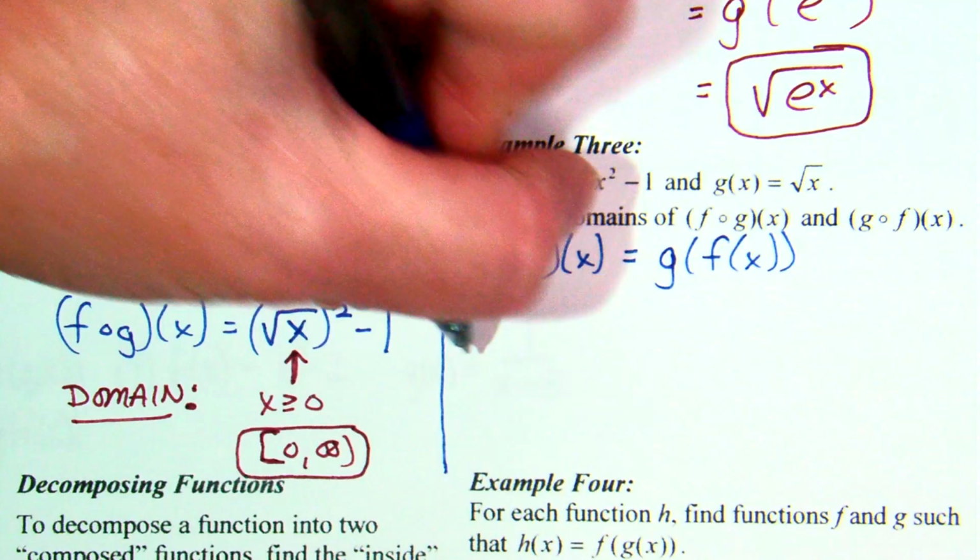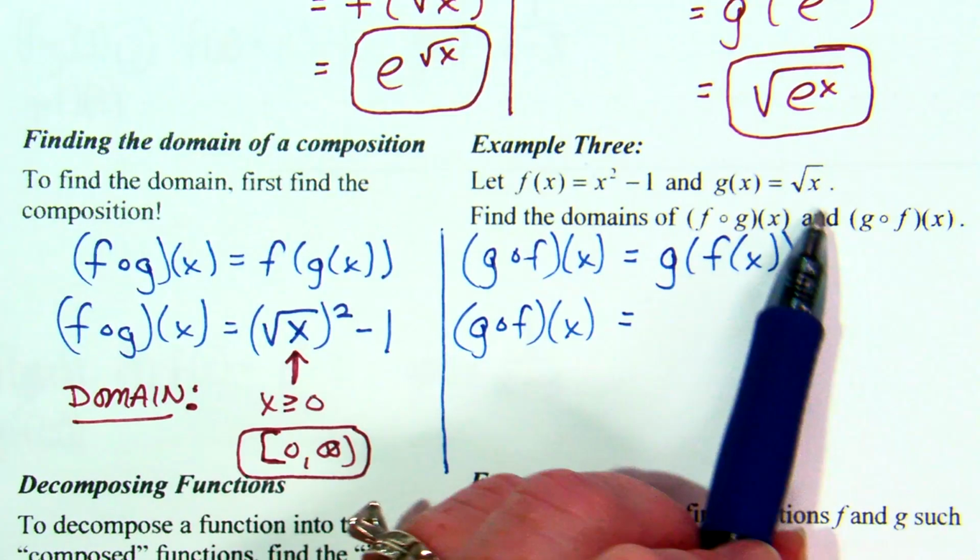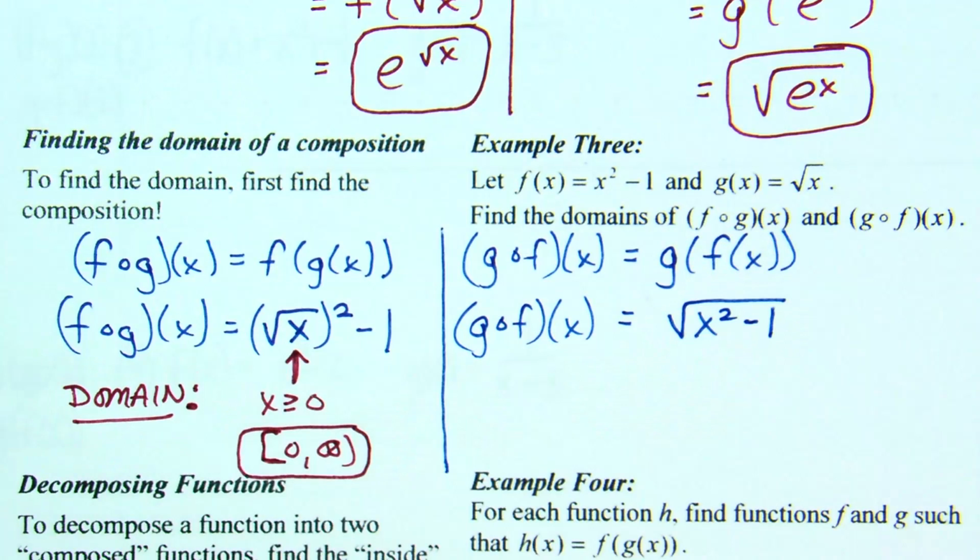I'm going to take f, and I'm going to plug it in to g. So every place I see the x, I'm going to put in the f value. So g is square root of x. What am I putting into there? x squared minus 1. So what does this read then? Square root of x squared minus 1.